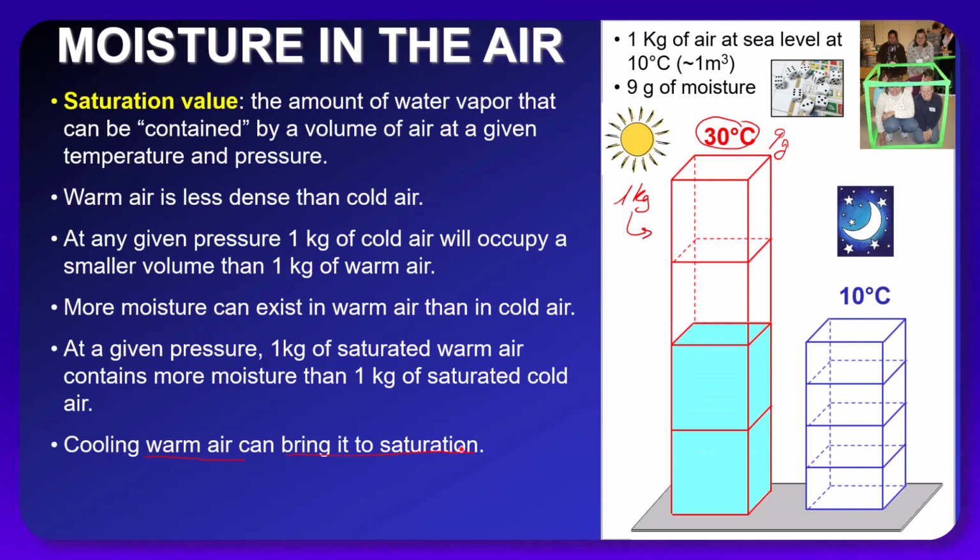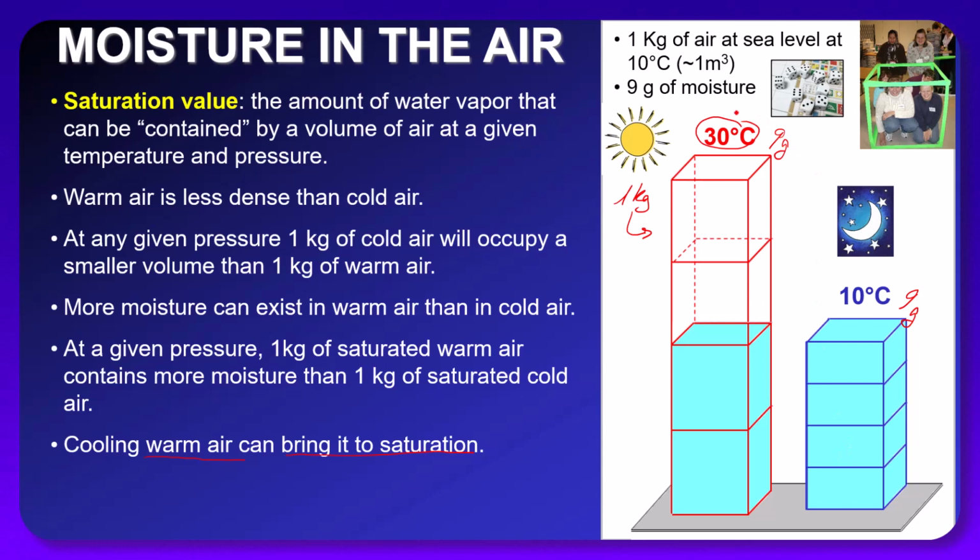So here is 9 grams of moisture, and we cool down the air parcel to 10 degrees Celsius in this example. We still have 9 grams of moisture, but now because the air is colder, it is saturated.